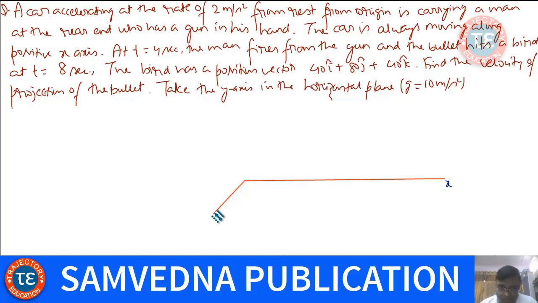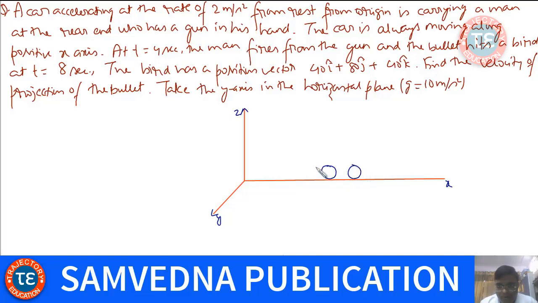So can I take y in this direction and z in this direction? Is it possible? Or is there a problem? Can I take coordinates like this, and with this we have a vehicle?